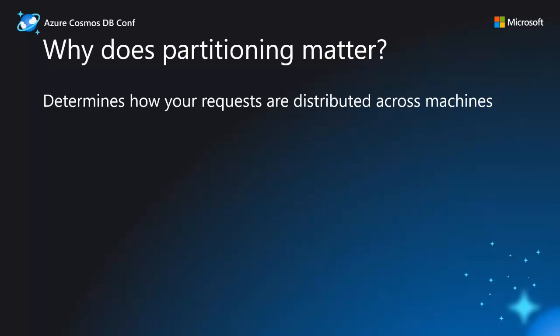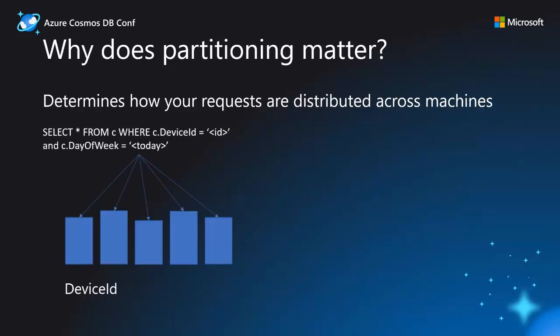So is that all you need to worry about, is making sure that you avoid cross-partition queries and your requests are good? Not quite. There might be other dimensions to think about. So let's think about how our requests are distributed in this scenario. It's very similar. We're still searching by device ID, but now we're also searching by day of week. So let's say we want to search for any given device ID, but we want to see the day of week is today.